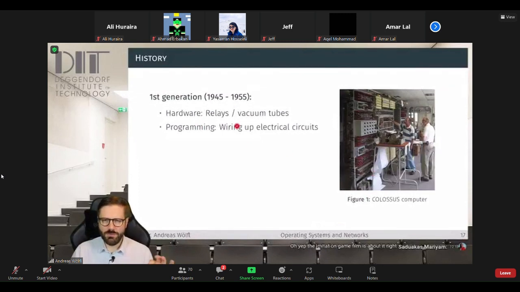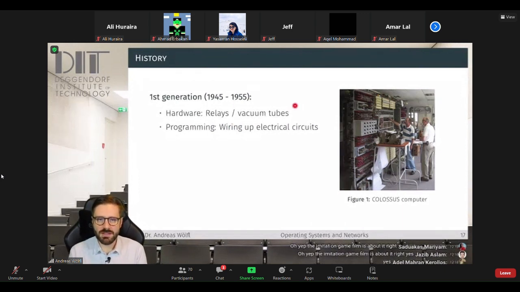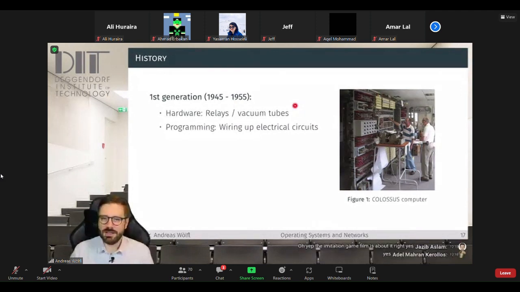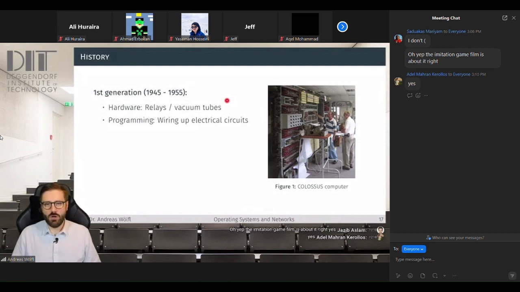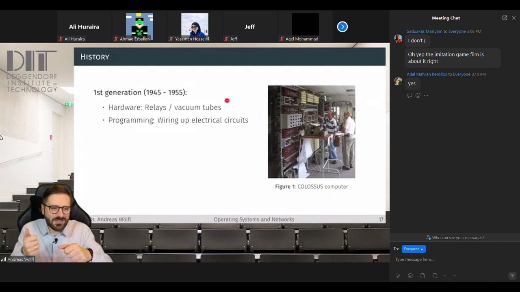And the hardware that they used, they had no chips at the time. So the hardware that they used to perform basic arithmetic calculations were vacuum tubes, and out of these vacuum tubes, they built electrical relays. And there was no way of programming as we know it right now, where we have a display and we enter some code in there and then it runs. No, they had to put wires together in a kind of plug board.